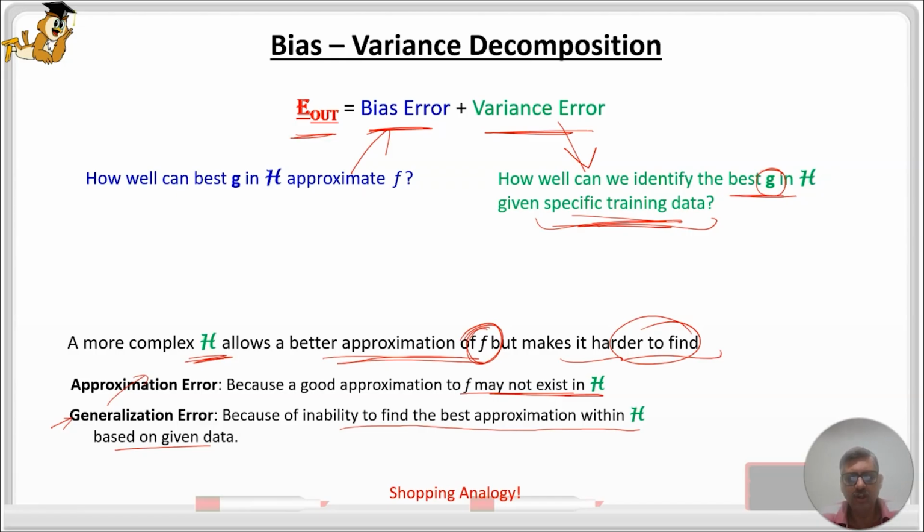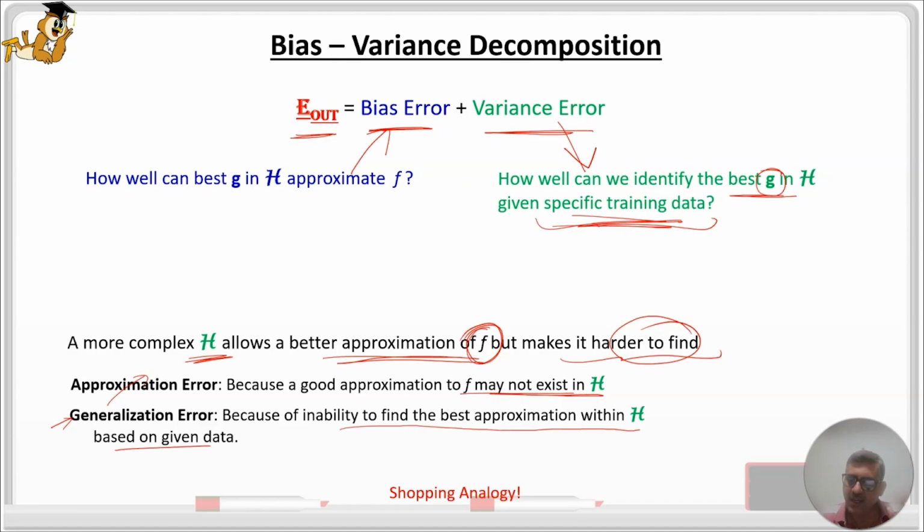If the shop doesn't have too much variety, if it is a small shop, you're unlikely to find exactly the dress that you're looking for in that shop, because simply that particular dress is not available in that shop. The difference between the dress that you are actually looking for and the best dress available in that small shop is the bias error.